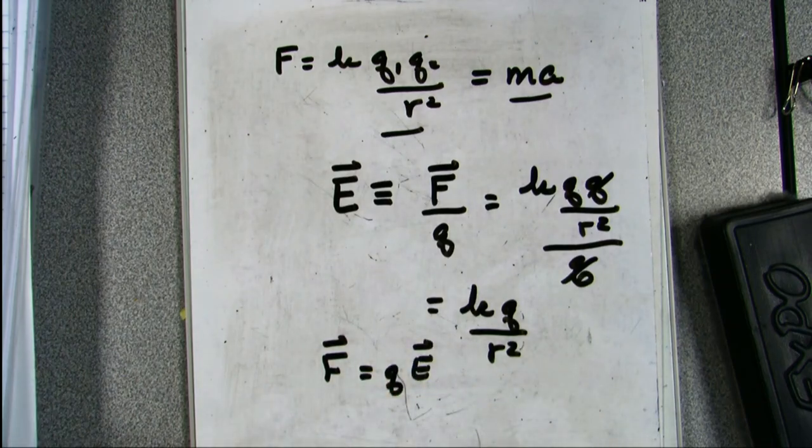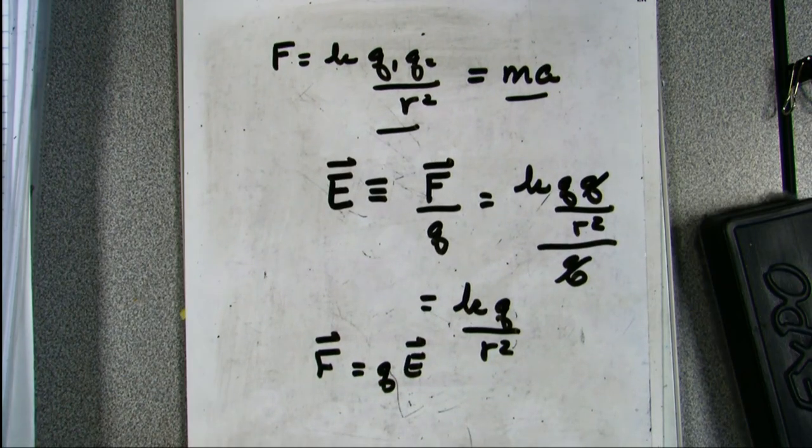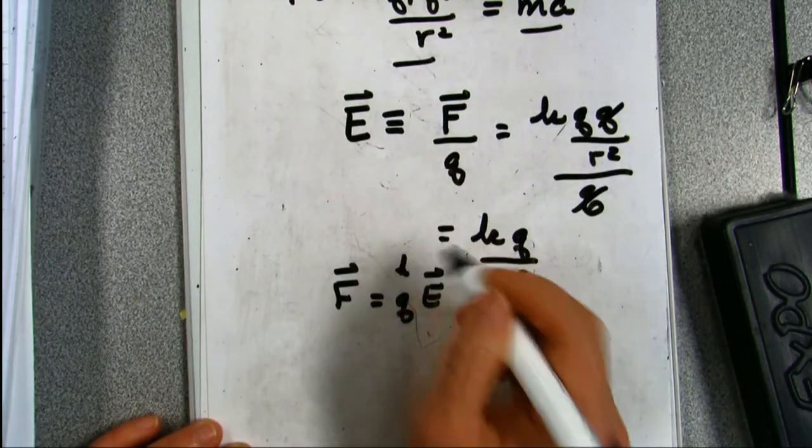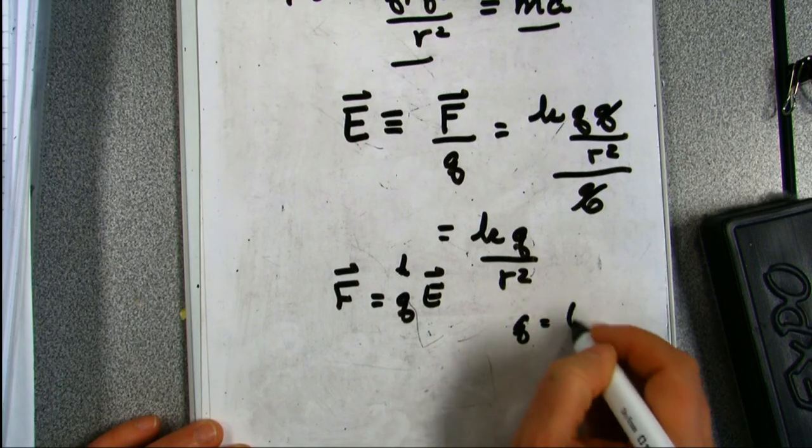So if you're trying to jump ahead in the homework, this is how we're going to define the electric field. And basically where this comes from, this q is something that we're going to call a test charge.